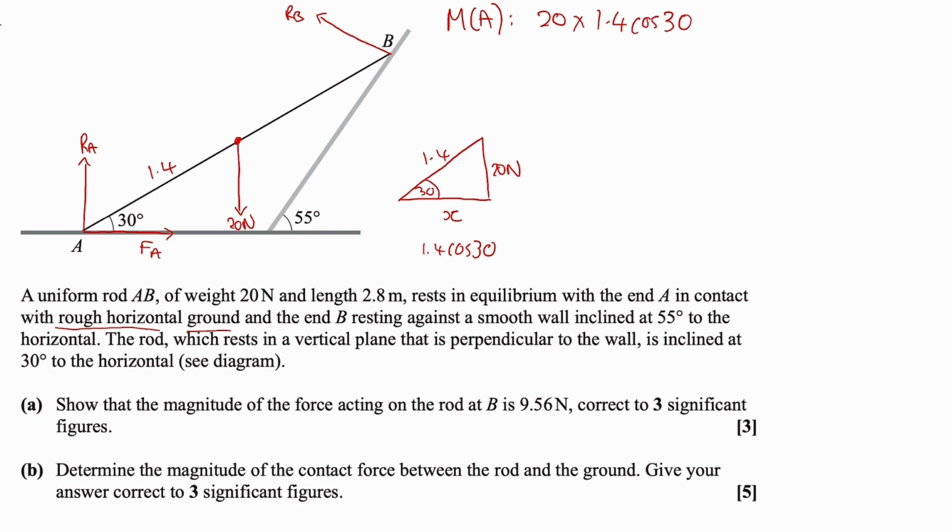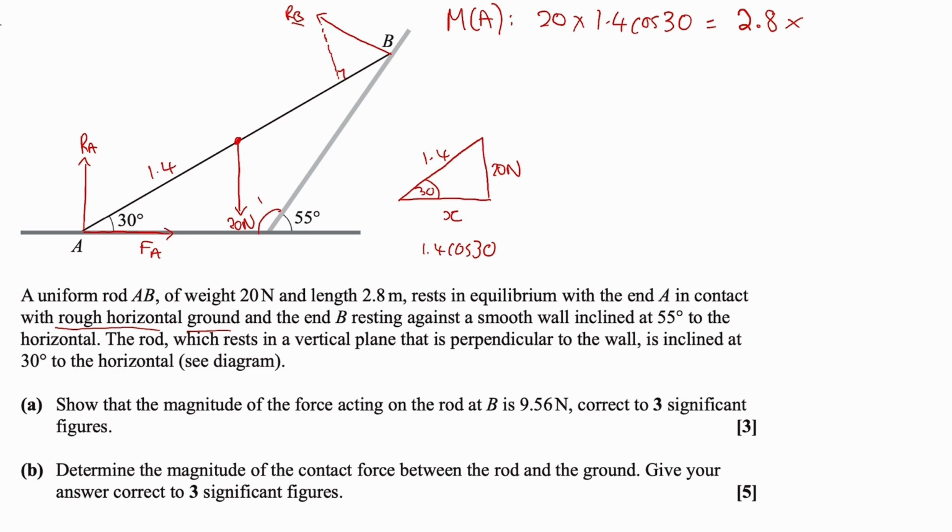Now let's take a look at this reaction at B up here. Again, this is not perpendicular at the moment. So we need to work out this component here, because this component is perpendicular to the rod itself, which is 2.8. So this is going to equal the length, 2.8, multiplied by the perpendicular component of that force. We need to do a bit of angle chasing here.